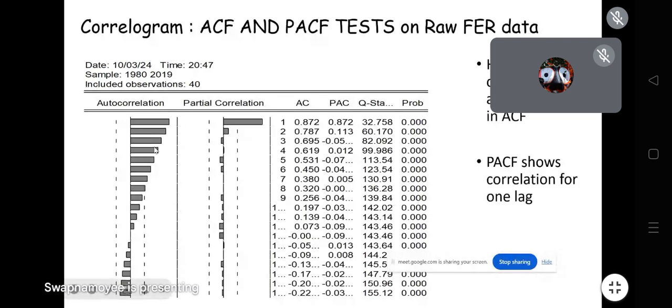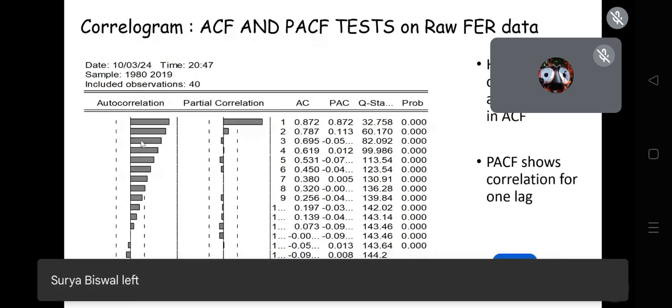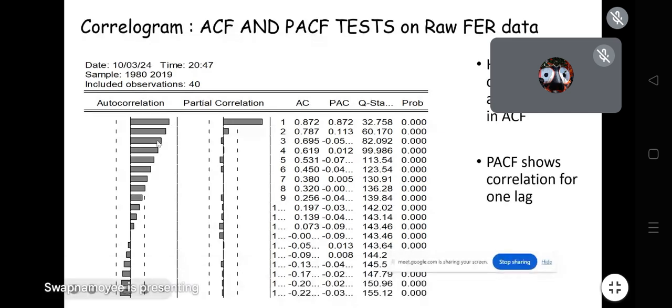With the ACF and PACF test, you will get this plot. First the ACF test, autocorrelation. You can see on the screen the spikes, showing that it is highly correlated with the data in the past. For example, this year's data is correlated with its lag values in the first year, second year, third year, fourth year, fifth year, sixth year, seventh year and eighth year.